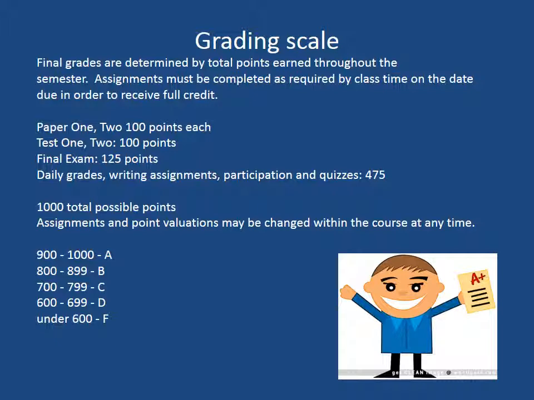There is an awful lot of reading for this course. It is centered on American literature as an introduction to American literature, and that is why, you may see on another syllabus, paper 3, I eliminated paper 3 because of the amount of reading that is required for this course. So that can be good and that can be bad. That means that paper 1 and paper 2 have to be very well written.